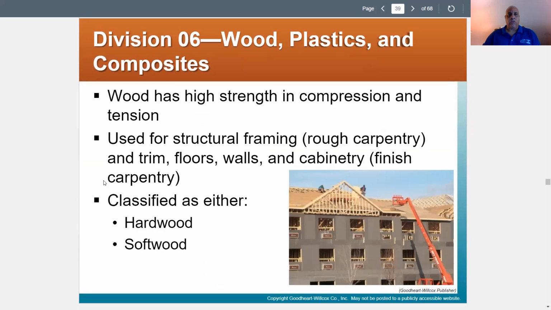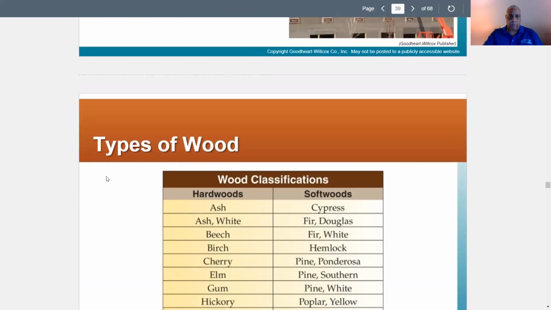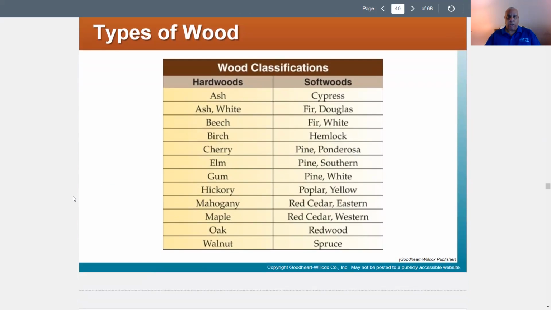Then we get into division 06, wood, plastics, and composites. Now, wood has high strength and compression and tension. It's also used in structural framing, rough carpentry, and trim, floors, walls, and cabinetry, or finished cabinetry, classified as either hardwood or softwood. Again, types of woods.